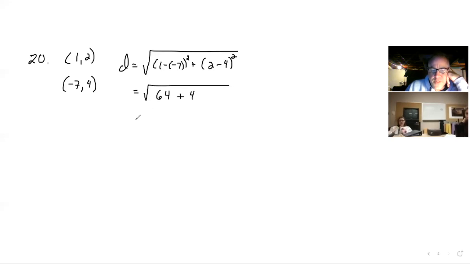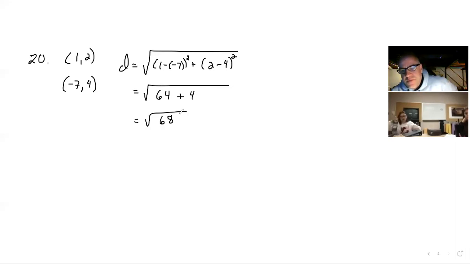Now that's going to give me the square root of 68, which I could simplify because it has a factor of 4, but I'm not going to worry about it, because at the end when I put it in the standard form of the equation, I'm going to end up squaring that number. So this square root is going to go away. I'll just leave it as is.